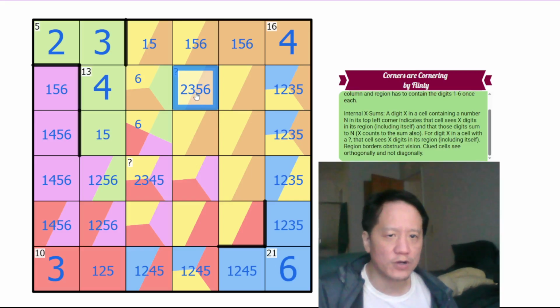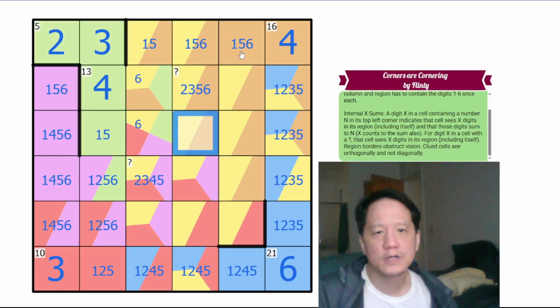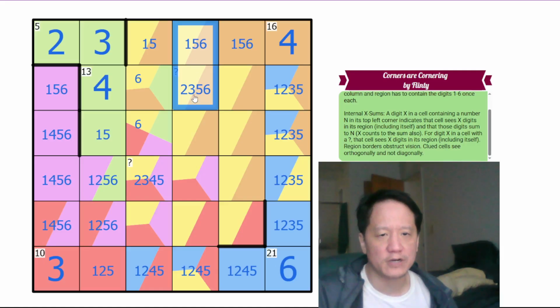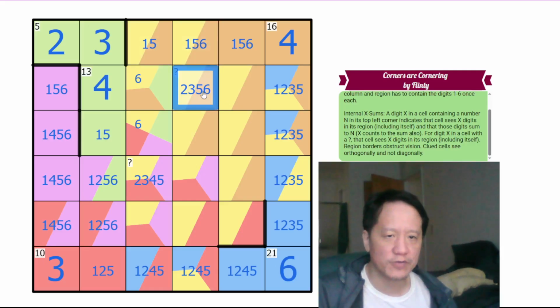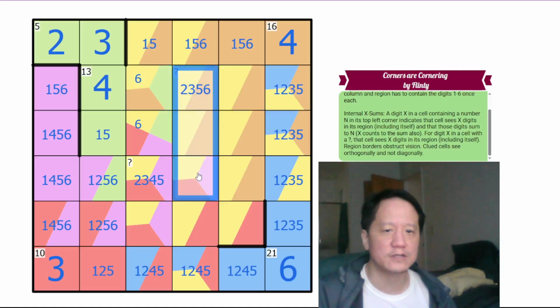So therefore, if we go here, that would block this cell from being in part of a region because it can't be part of green because this sees only two cells. And it can't be part of orange because it's blocking it off, obviously. And it can't be part of yellow because this must see all the cells in the region. So it can't go this way. It would have to essentially go here at least.